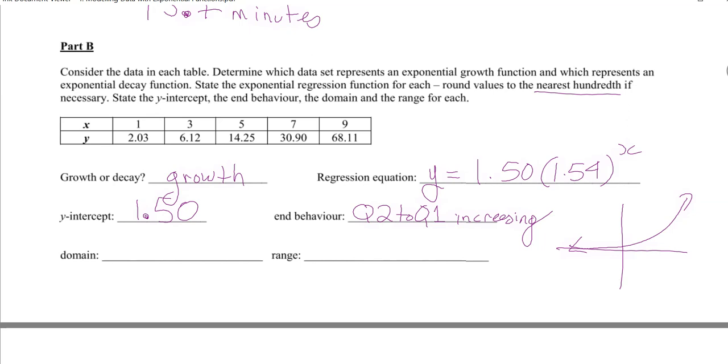What is the domain of every exponential function? Yeah, so set of all x such that x belongs to the reals. Now, if we were just talking about this, and we were going nowhere outside of this, then we might say the domain is, well, it could just be the numbers 1, 3, 5, 7, 9.